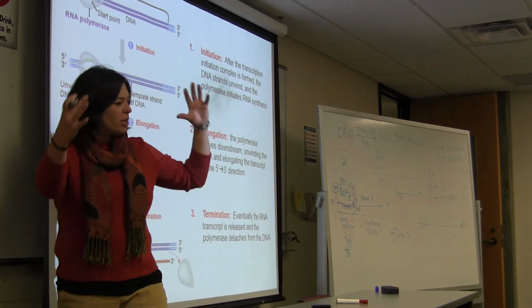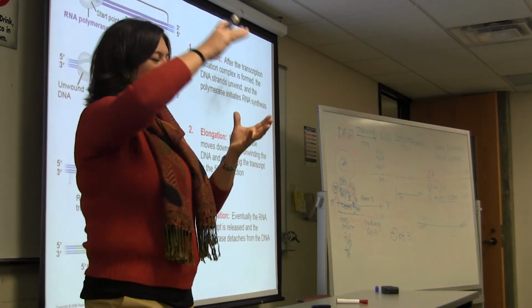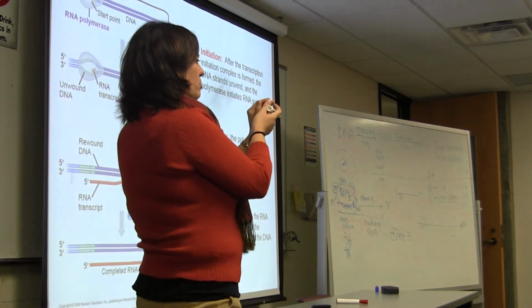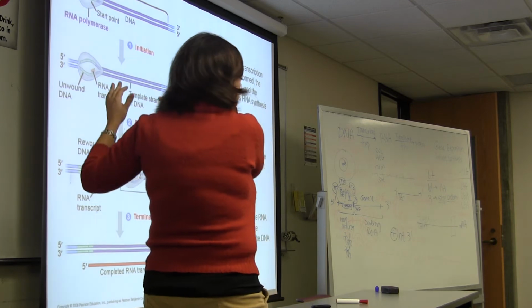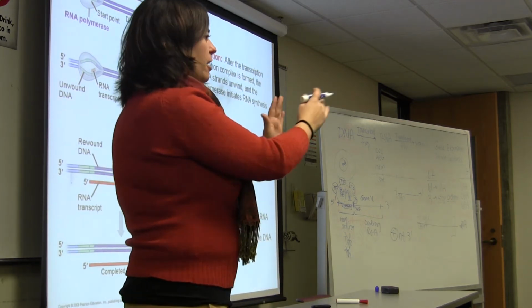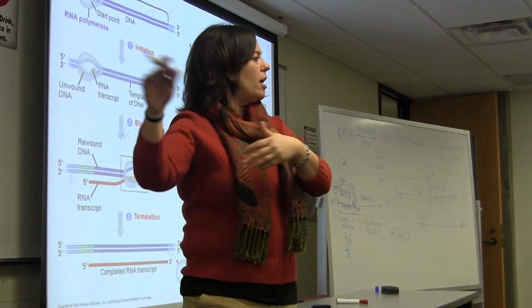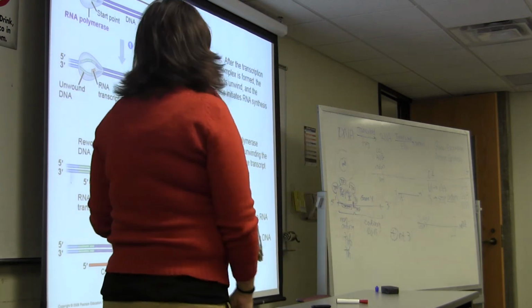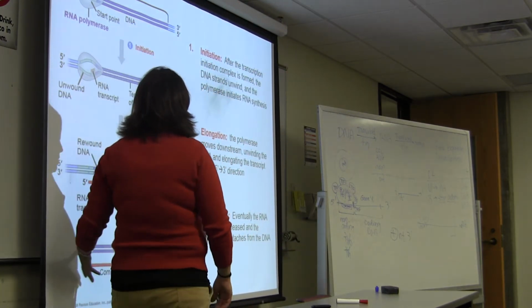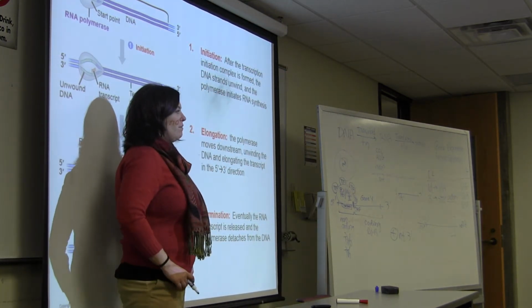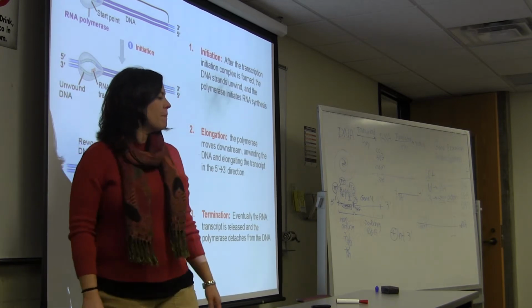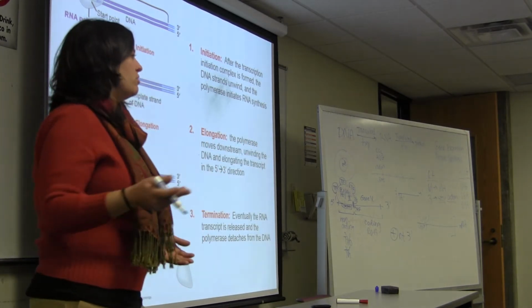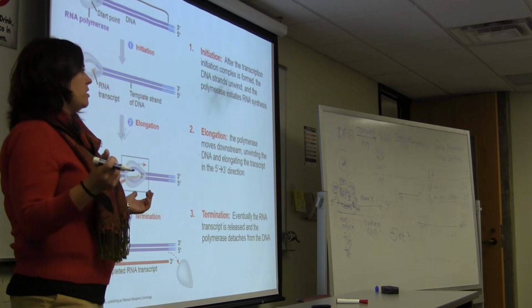So initiation, you're getting everything ready, you're bringing this transcription initiation complex to the promoter. Elongation, the enzyme's actually looking at the DNA and making an RNA molecule. And then termination, it reaches the end of the gene, and then everything just kind of dissociates, it falls apart. And then transcription is over.